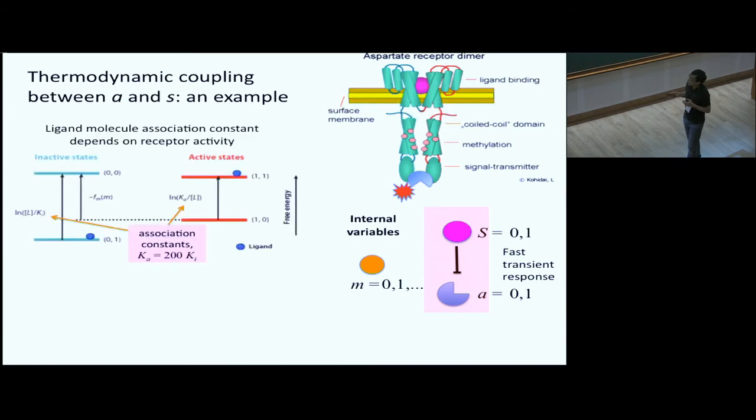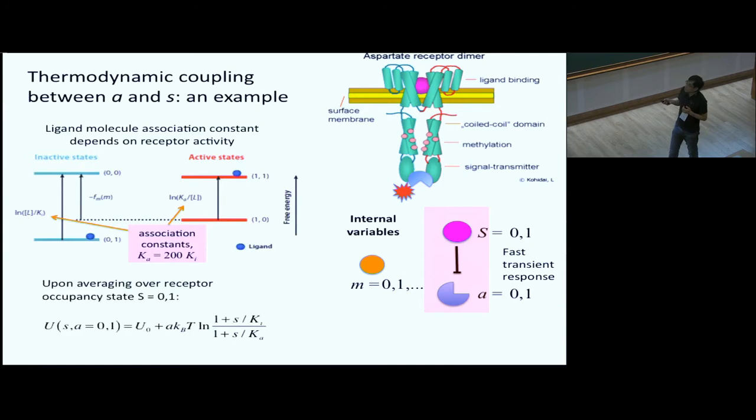To do that, we need to first introduce a coupling between the signal, the environmental variable, which may be the concentration of some molecule, and our observable A.